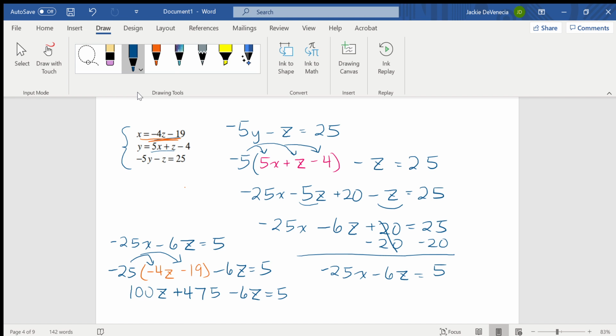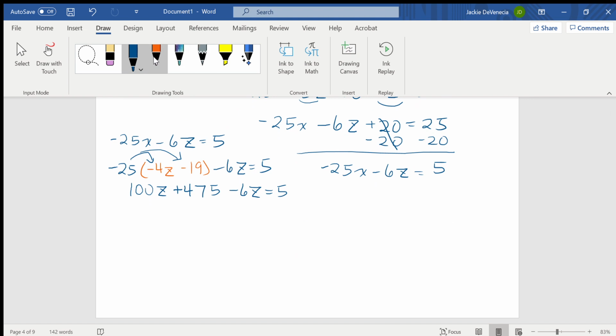Now at this point, we can start again by combining those like terms. So right over here, you have your z's on the same side. So let's just go ahead and combine those together. So 100z minus 6z, that is 94z. 475 is equal to 5. I can get the 475 to the other side by just subtracting.